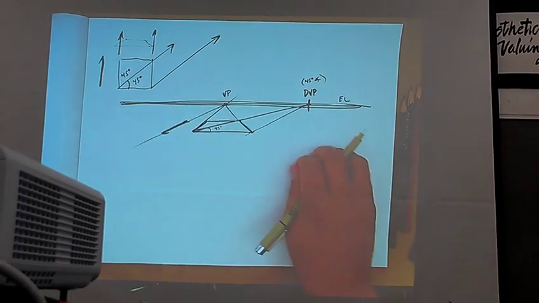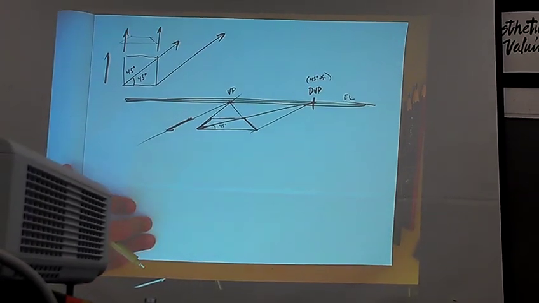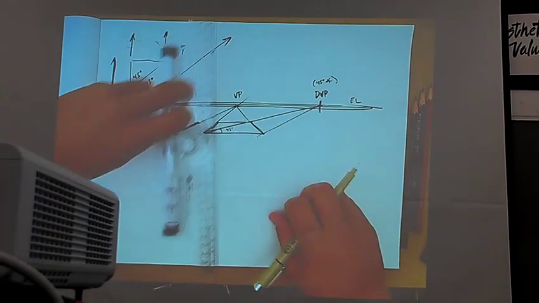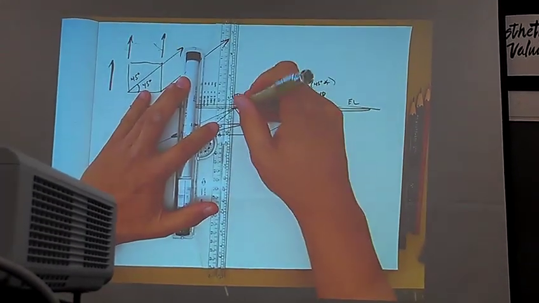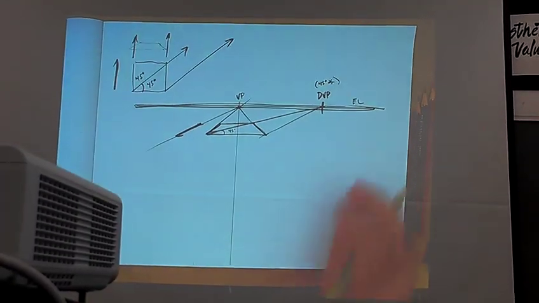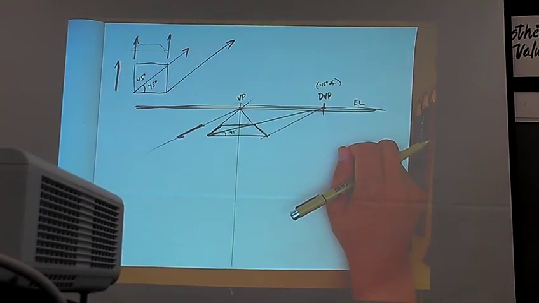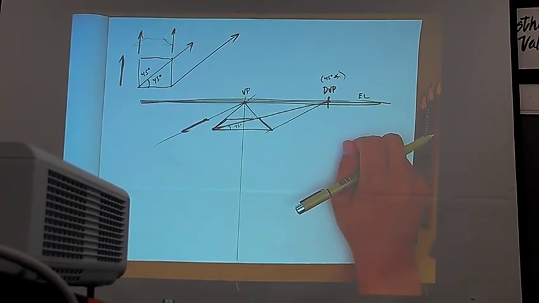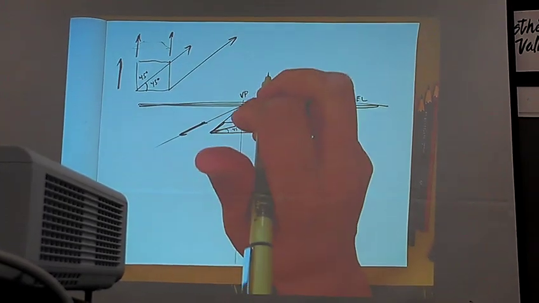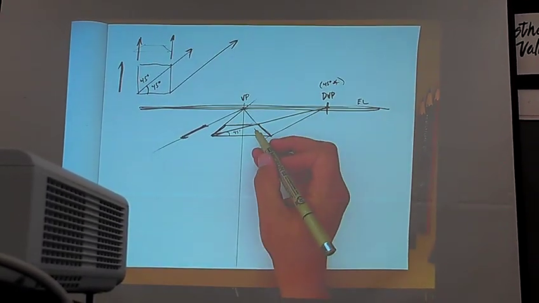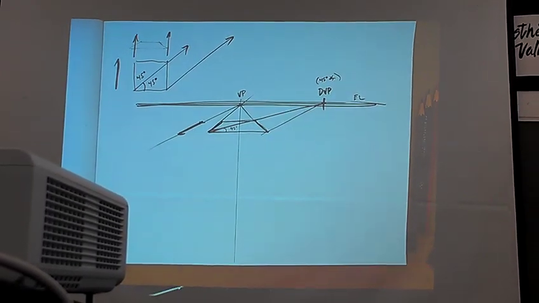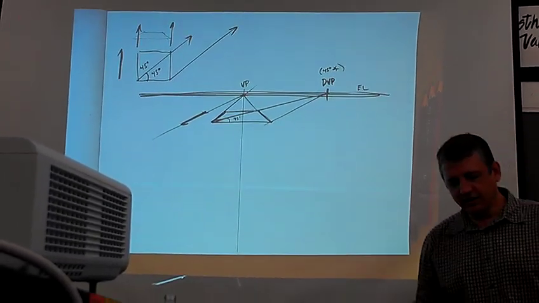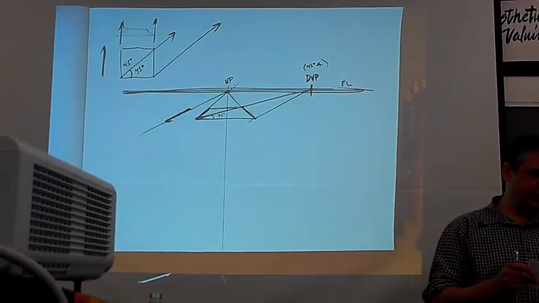You know what, I'm going to get my little ruler here. Some lines I want to draw straight. I want you guys to look at this for a second. If you take a look at what angle these lines actually are, let me get out a protractor here just so I can prove it to you.